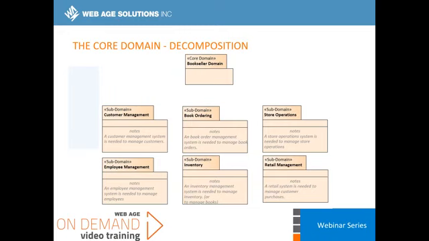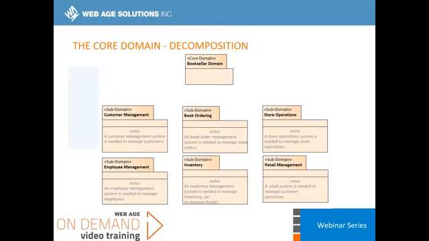And so we have customer management, book ordering, store operations, retail management, inventory, and employee management. So these are all a set of subdomains, and as we'll see, they will all be addressed independently as a part of our development effort.